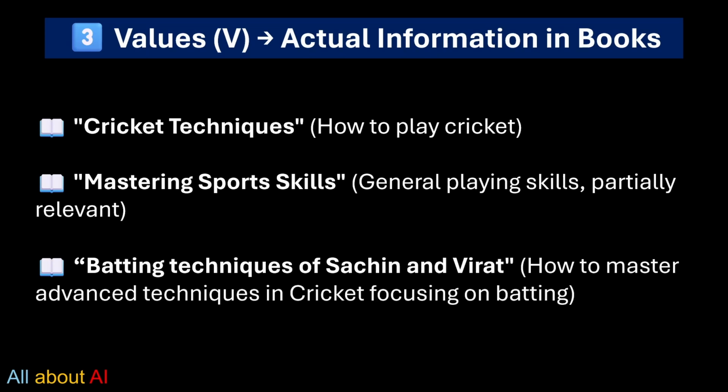The cricket techniques book is about how to play cricket. Mastering sports skills is about general playing skills, partially relevant as it has some information about cricket. And the batting techniques of Sachin and Virat book is about mastering advanced techniques in cricket, but it focuses on one small but important part of cricket, which is batting.